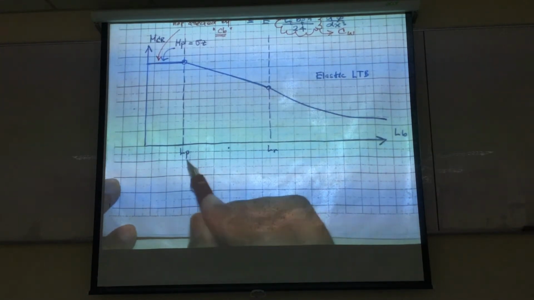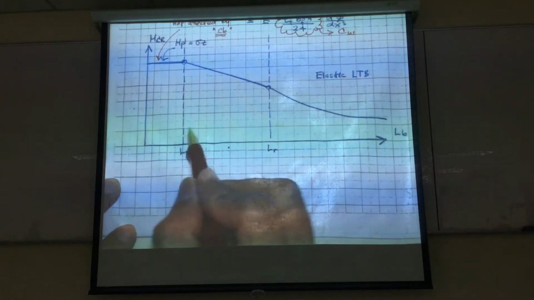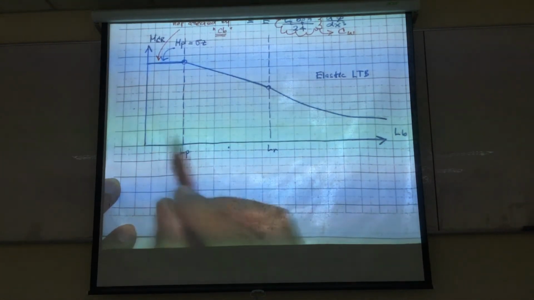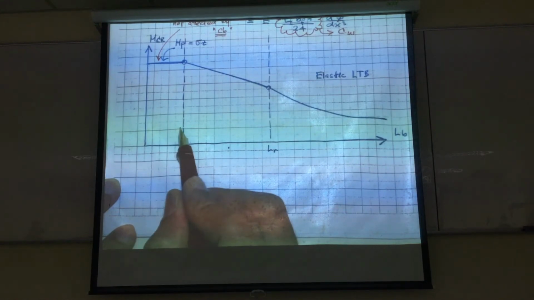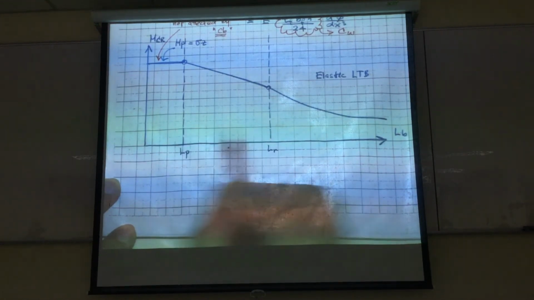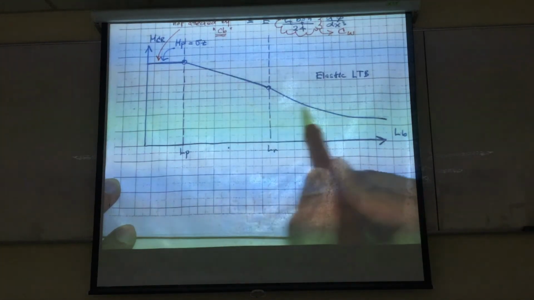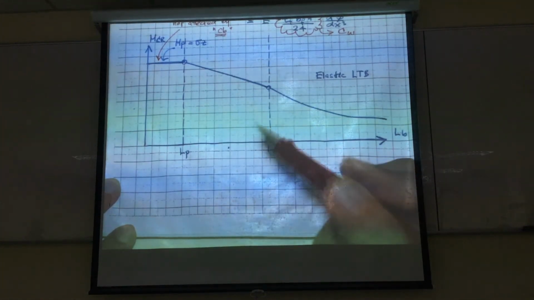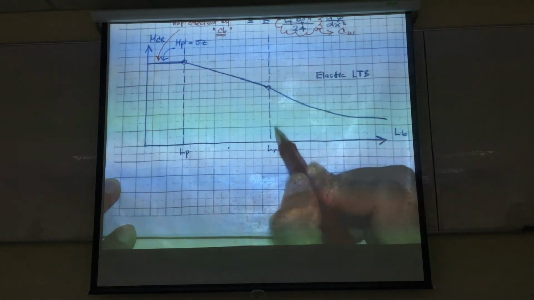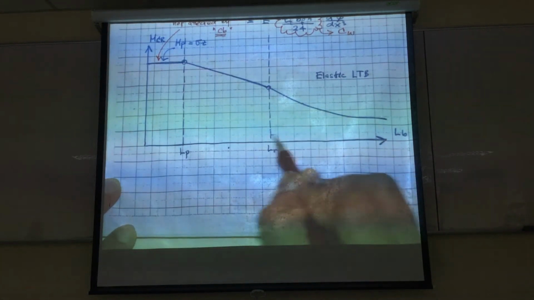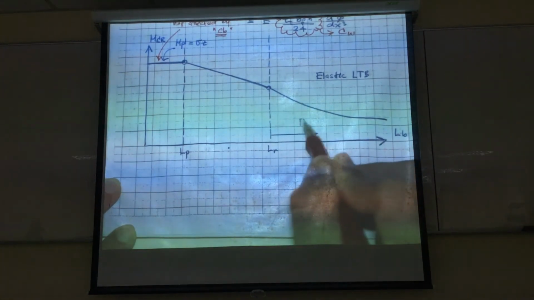So you have the LP, that is the part that you can develop the full plastic moment, and this is the intermediate part that you have inelastic behavior, along with the buckling. Okay, so here will be elastic.